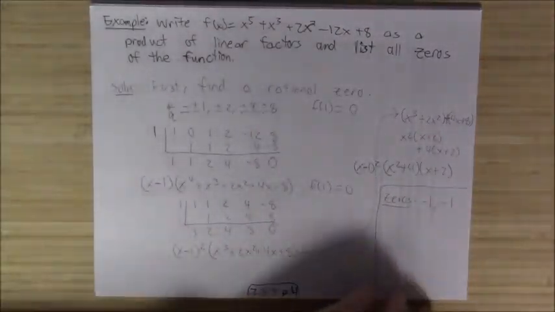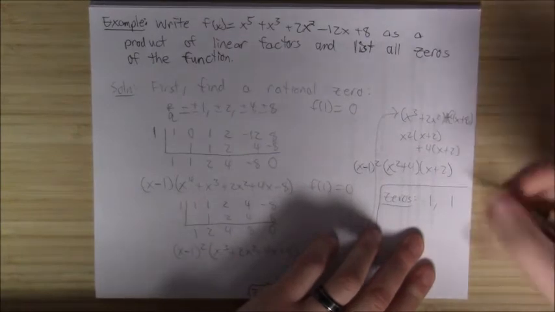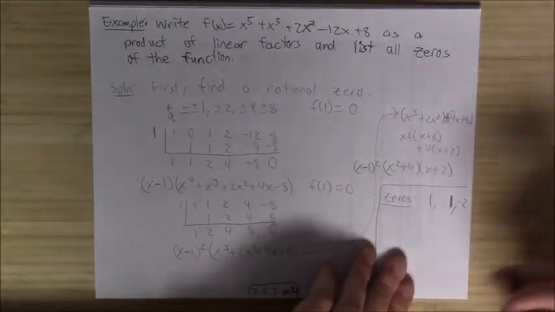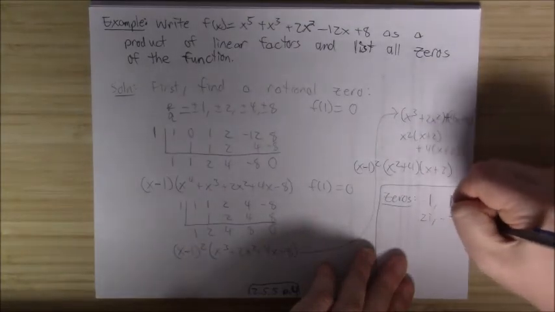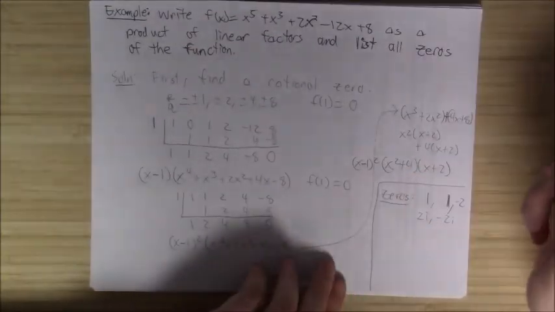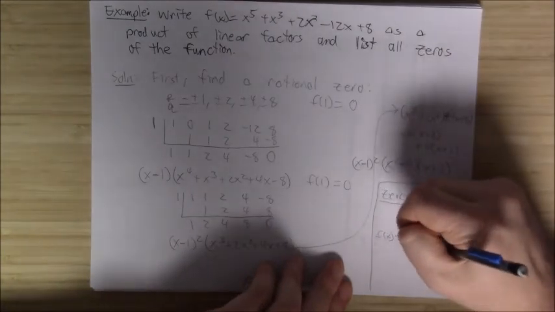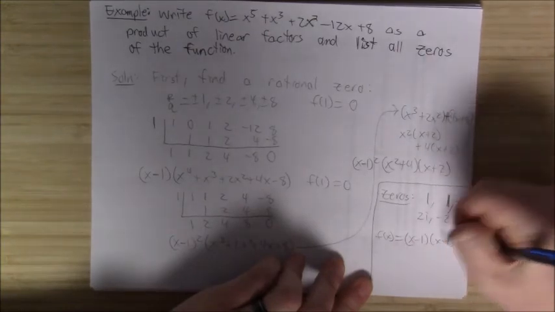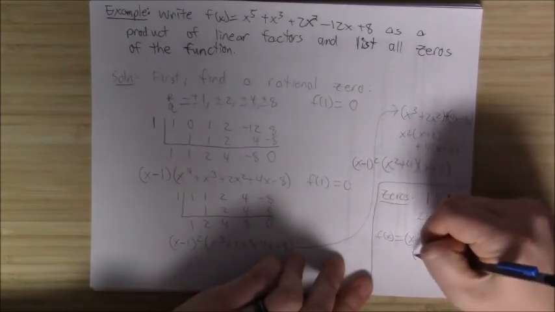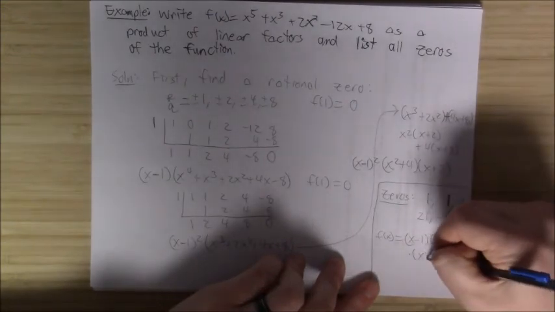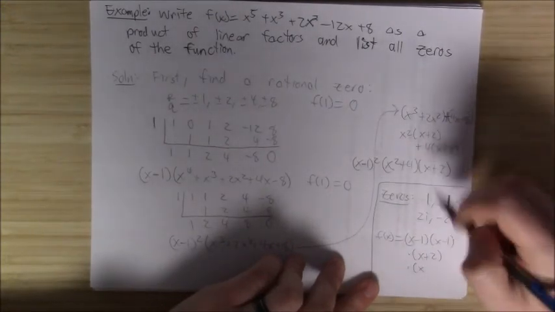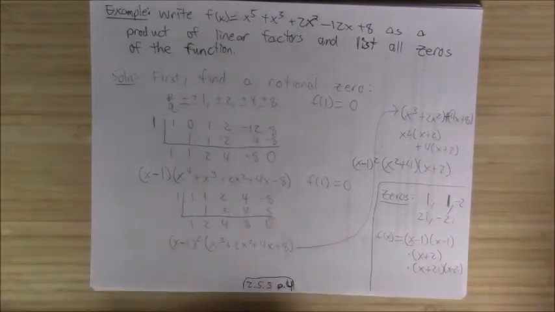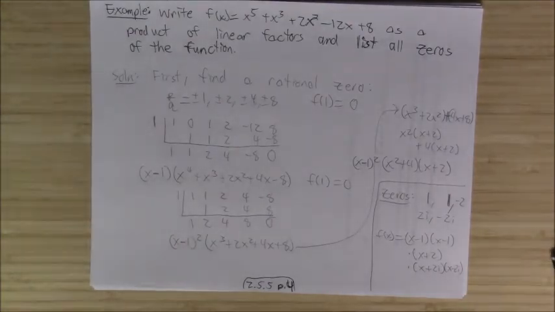There we go. 1, 1, negative 2, and 2i and negative 2i, which means we can write f of x as x minus 1 times x minus 1 times x plus 2 times x plus 2i, x minus 2i. All right, and that's our linear factorization.